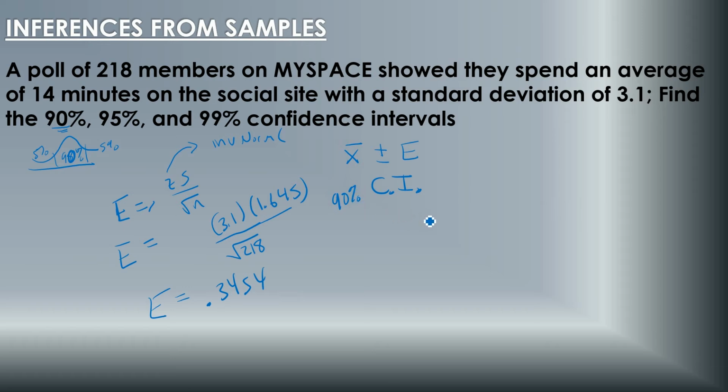So I would take the 14, and I would first subtract the 0.3454, and then I would add the 0.3454. So I'll go ahead and do that. Now, on the plus side, that's going to be easy. So we have 14.3454. And I'll put a less than or equal to. And I will now subtract it.